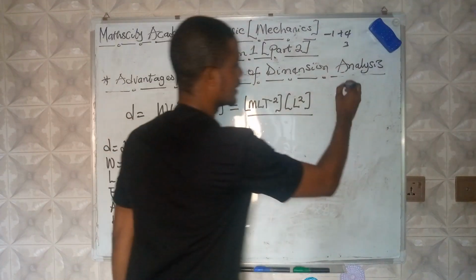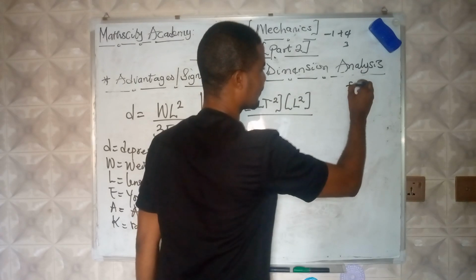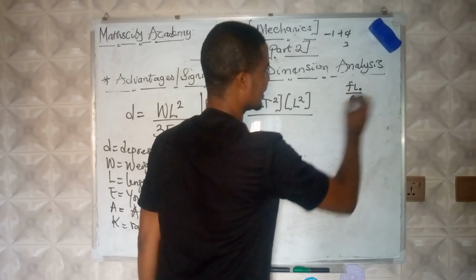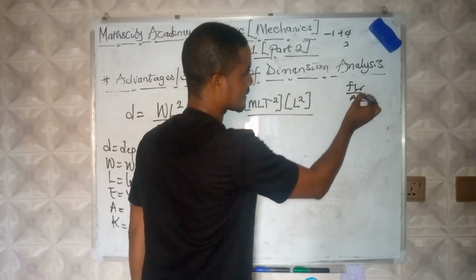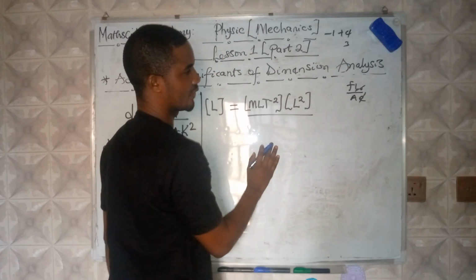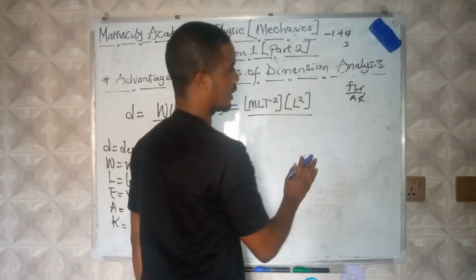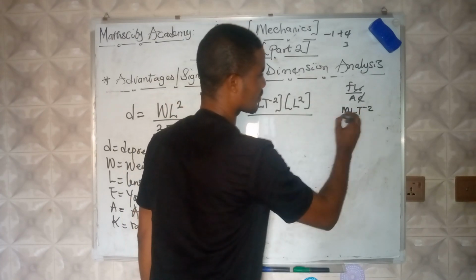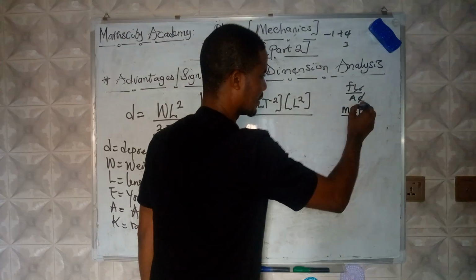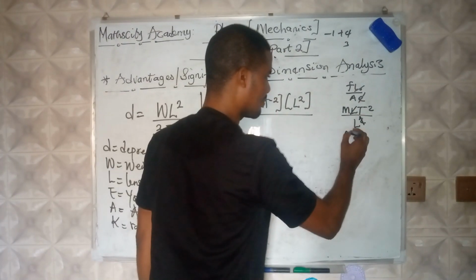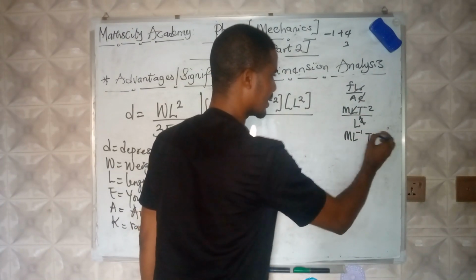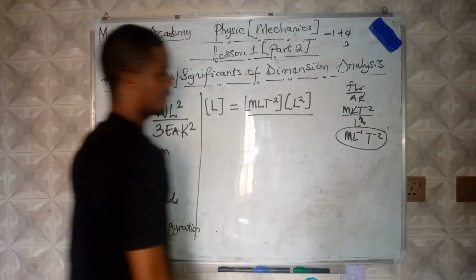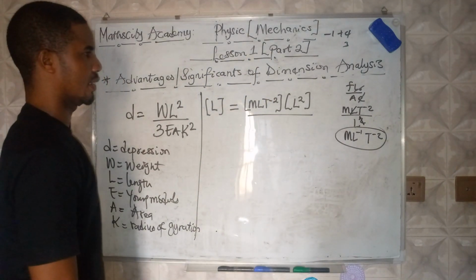Young modulus is stress over strain. Hope you know. This is strain. There is no dimension for strain. So we are only left with force over area. We have MLT^-2 over L squared. This will take away this, leaving L^-1 T^-2. This becomes the dimension for Young modulus.